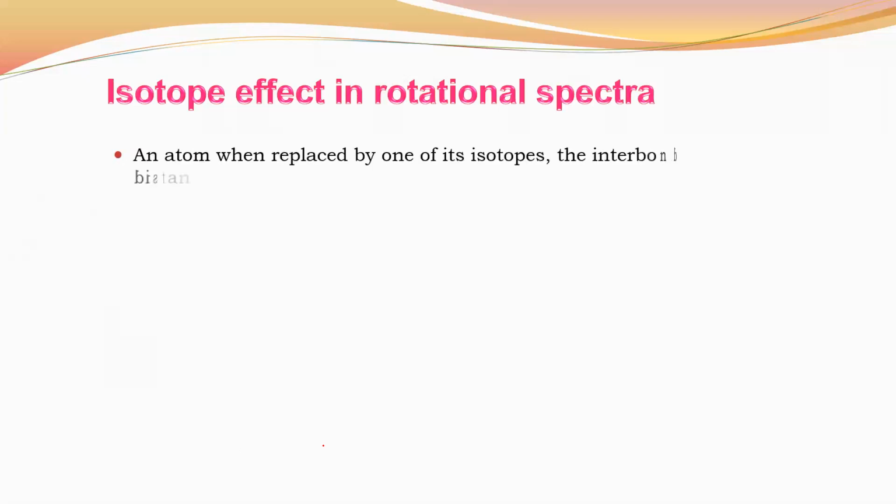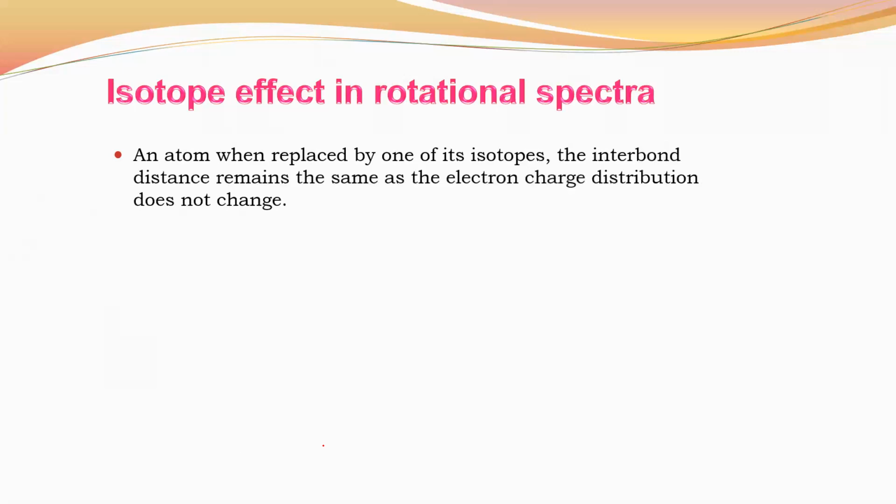What is an isotope? Same atomic number and different mass. So when an atom is replaced by one of its isotopes, the interatomic bond distance remains the same, as the electron charge distribution does not change.